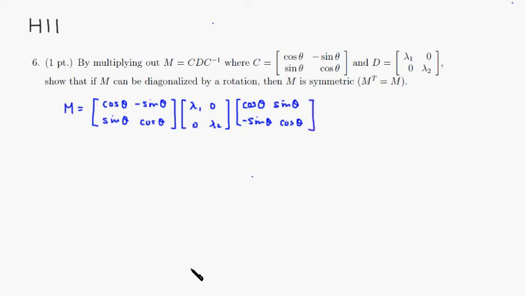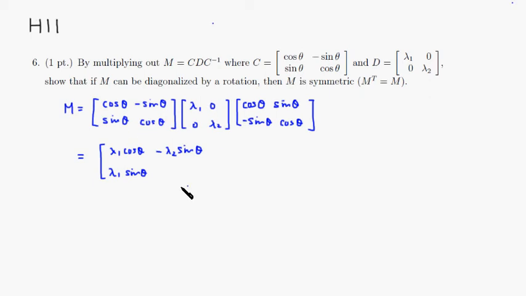Alright, so we just have to multiply out. This times that gives you lambda 1 cosine theta. This times that gives you negative lambda 2 sine theta. This times that gives you lambda 1 sine theta.